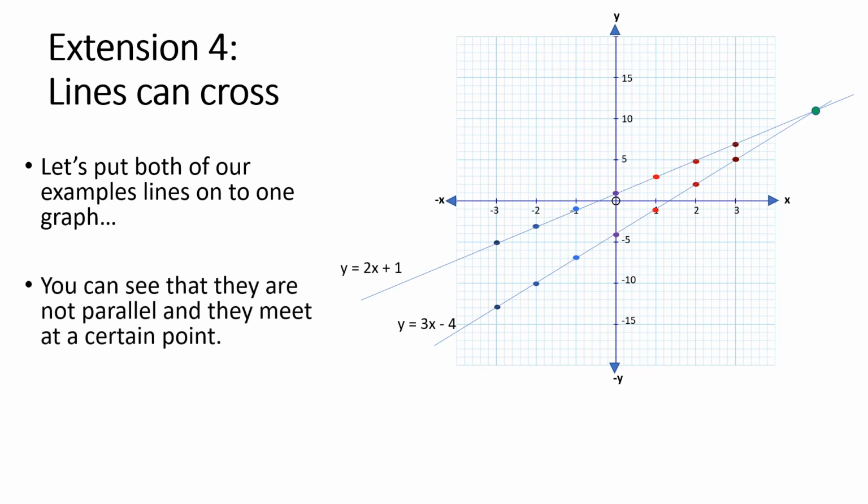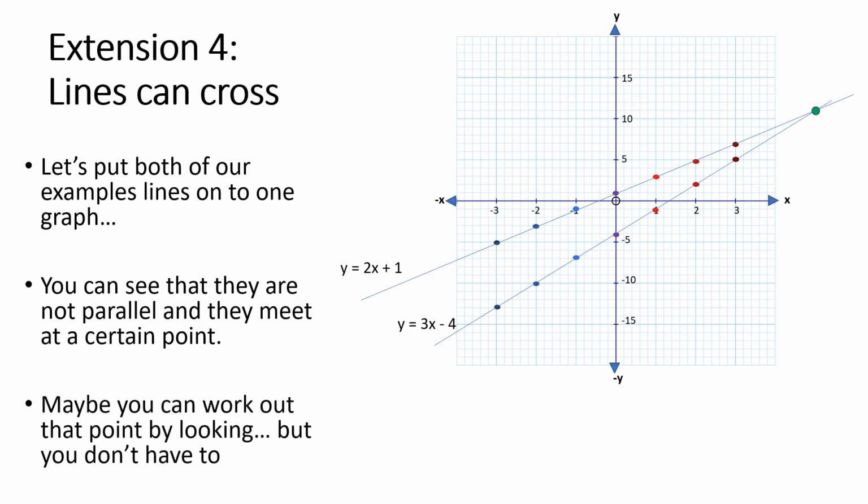So here are both the lines we've used in earlier videos, y equals 2x plus 1 and y equals 3x minus 4. And you can see immediately that these lines are not parallel and that they meet at a certain point. It's just outside the graph space, so you might be able to work out that point just by looking at it. Have a try at that now.